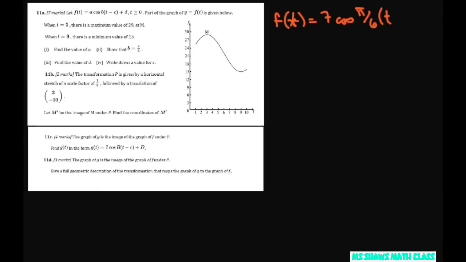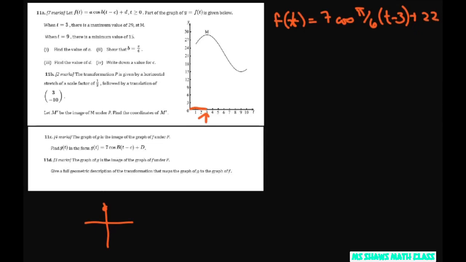Now minus c here, usually cosine starts at 1 here, but it's shifted to the right by 3. So this is minus 3, plus, and it's shifted up to the center line at 22.